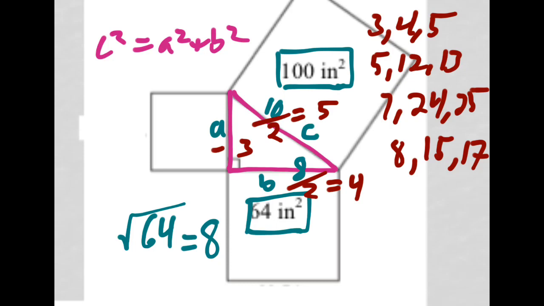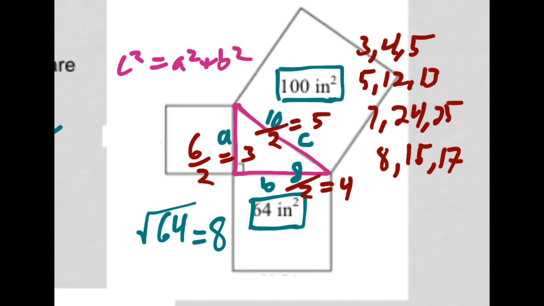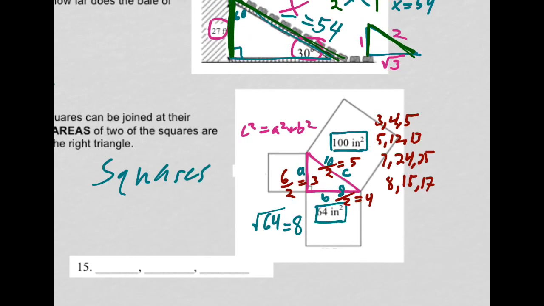Now 3 equals what divided by 2? 6, of course. So I know that this side is going to be 6, because it's a 6, 8, 10 triangle, which is also a 3, 4, 5 triangle. Okay.